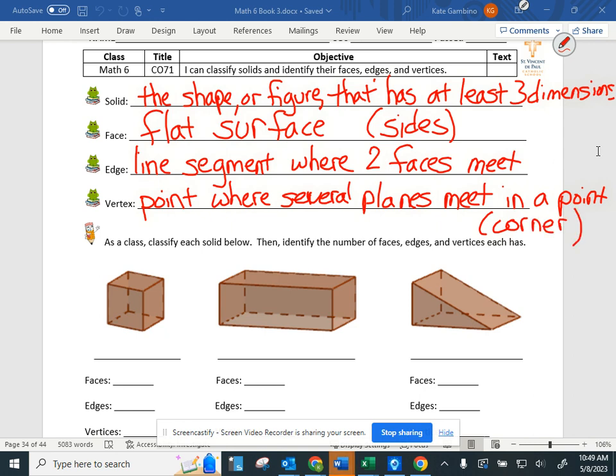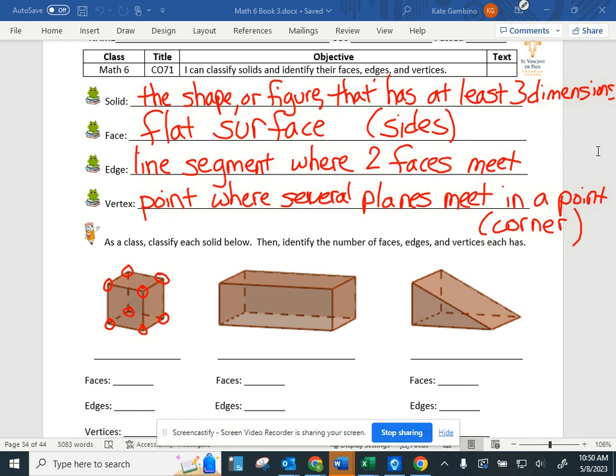So when you're counting your vertices, you're counting how many corners are there. So where everything meets up, all of the corners that we can see in the front, that are in the back. So you count every corner. So we have our face, which is the flat sides. You have the edges where those flat sides meet, those lines. Then we have the vertex, which is all the corners.